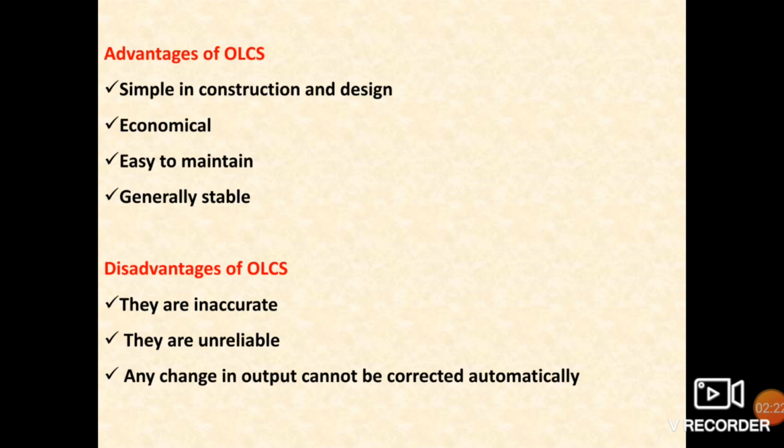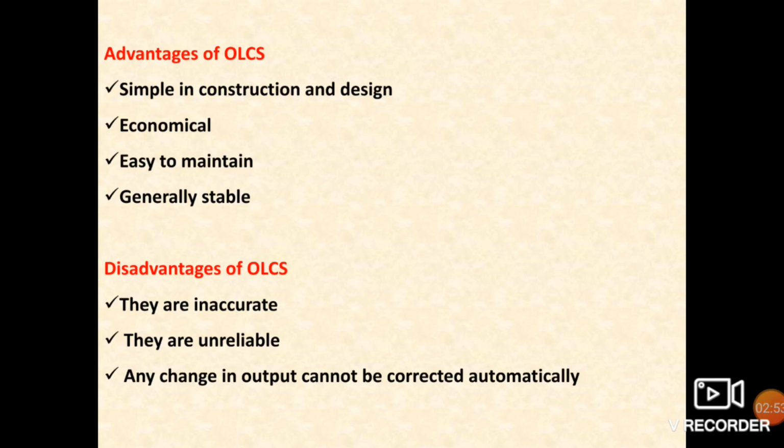See, in the examples we have seen, the electric hand dryer and the automatic washing machine, the output obtained is not automatically corrected depending upon variation in the surrounding environment, in the input, or in the system usage. So we can say that the output obtained from this open loop control system is inaccurate.